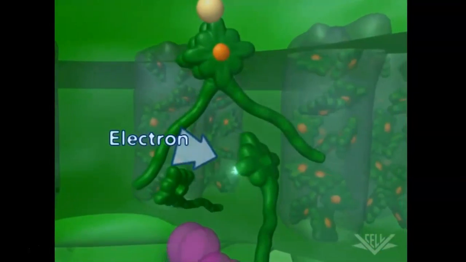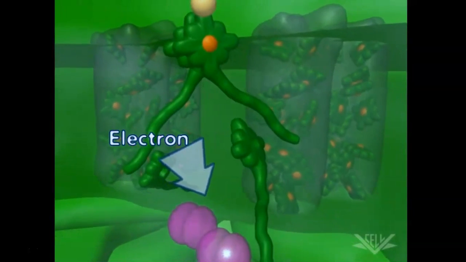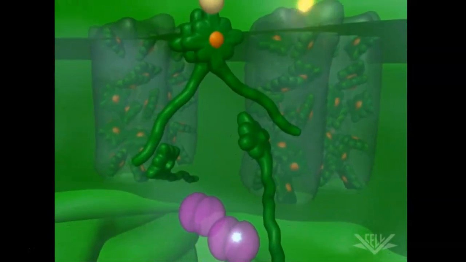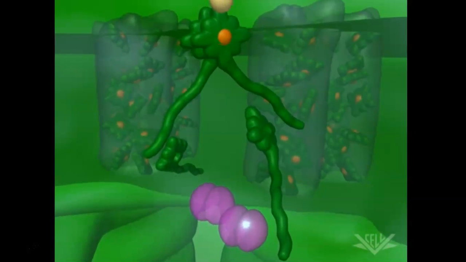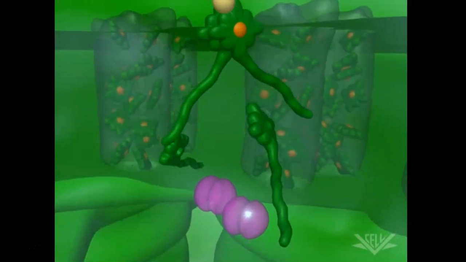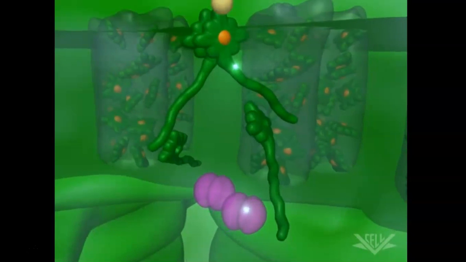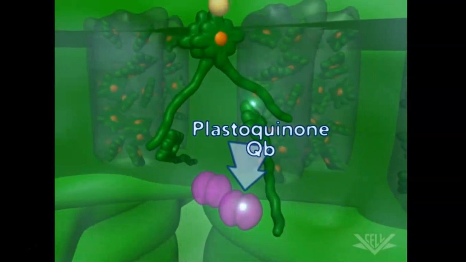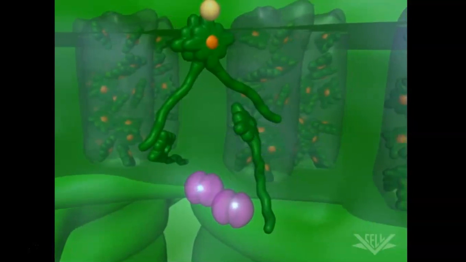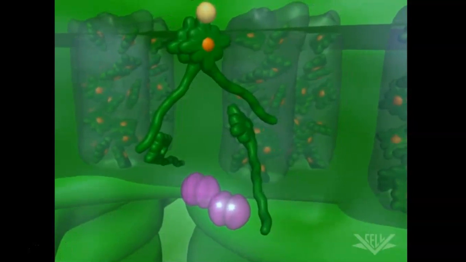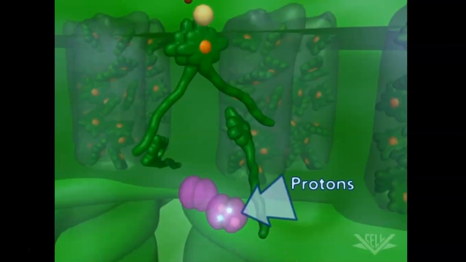When this energy reaches the reaction center embedded in photosystem 2, an electron is released. The reaction center chlorophyll contains electrons that can be transferred when excited. One photon is needed to excite each of the electrons in this chlorophyll. Once excited, 2 electrons are transferred to plastoquinone QB, the first mobile carrier.